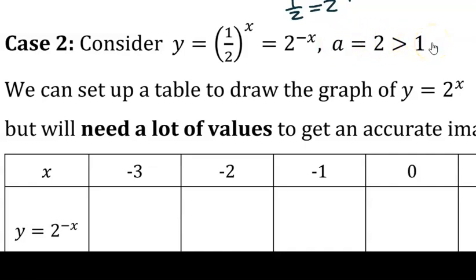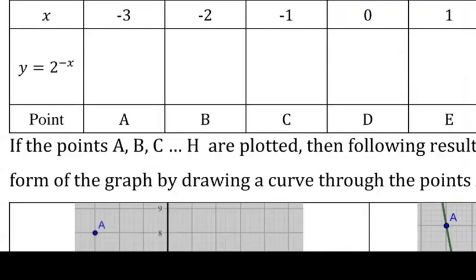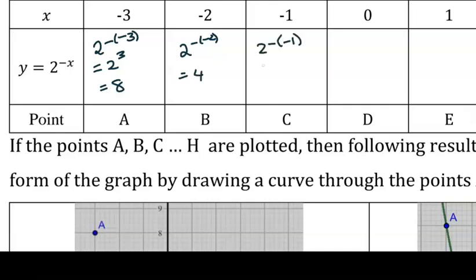And then if I substitute that into my table, I will now have 2 to the minus 3, which is equal to 2 to the plus 3, which is 8, and 2 to the minus 2 will give me 4, and 2 to the minus 1 will give me 2, and 2 to the minus 0 is the same as 2 to the plus 0, which is equal to 1.